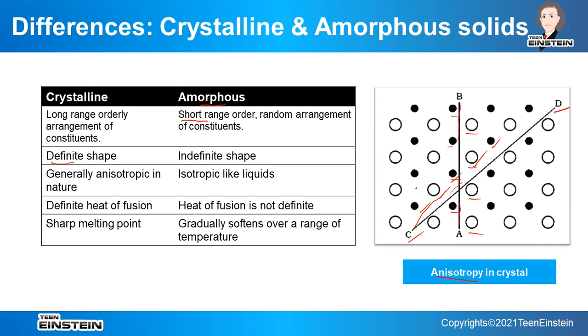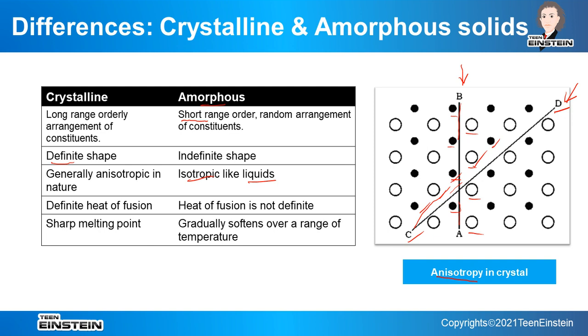So when we are considering the property along the AB direction, then there is one type of property, and when we are considering the CD direction, then there is another type of property, because though it is ordered, on both sides the arrangements are not the same. So that is why it is anisotropic in nature, and in case of amorphous, it is isotropic like liquids, because liquids are also isotropic.